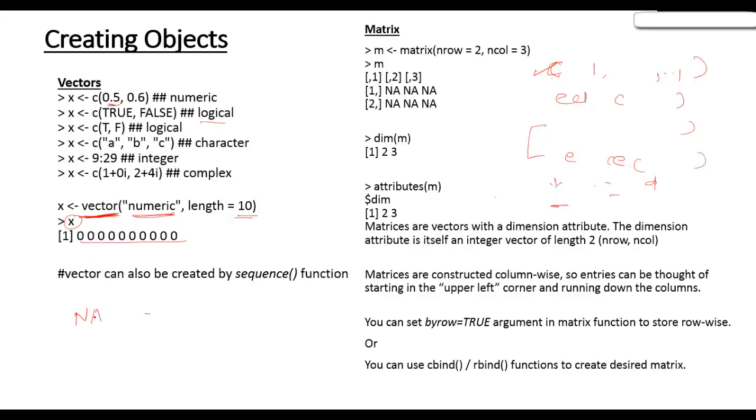NA stands for not available, or sometimes not a number. If you have used SQL, you might be familiar with null. NA is a kind of null for R, or if you have used Python, then there is None. So NA can be used in those kinds of cases.